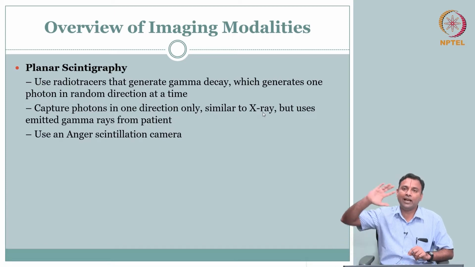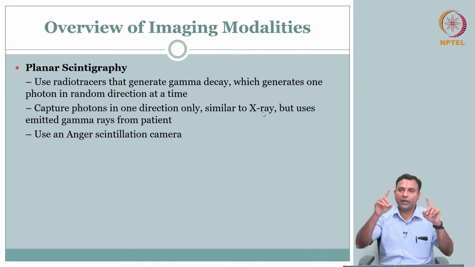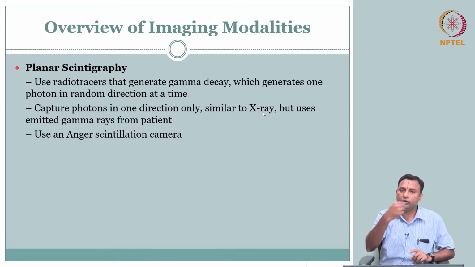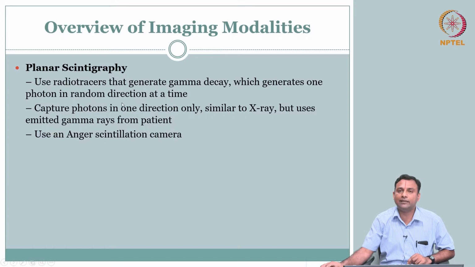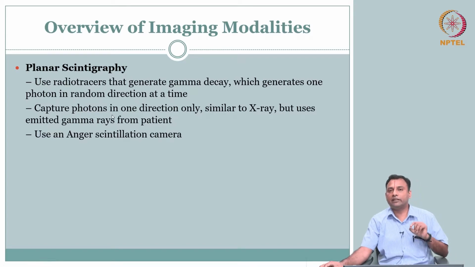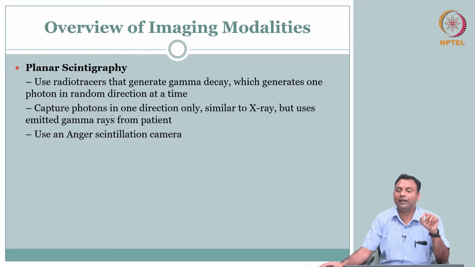So the whole area was captured, the projection was captured. Here you are going to have a detector that detects where the gamma rays are coming from. Our interest is to tell from the image how much activity came and from where it is coming. So these are the two things.